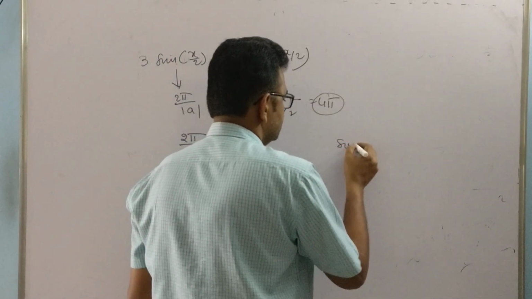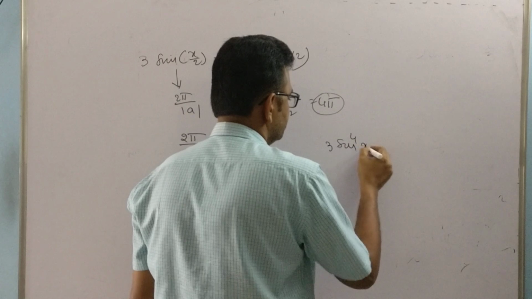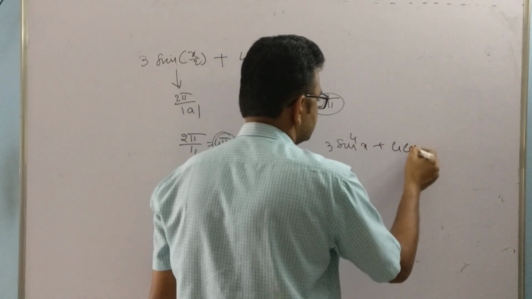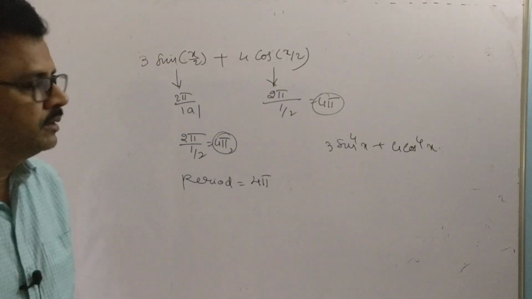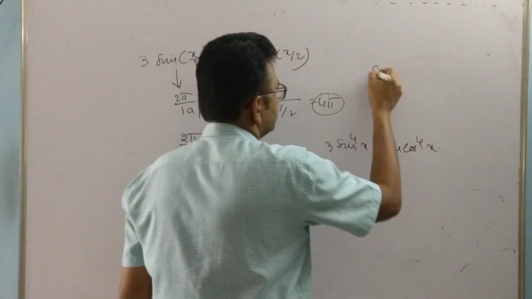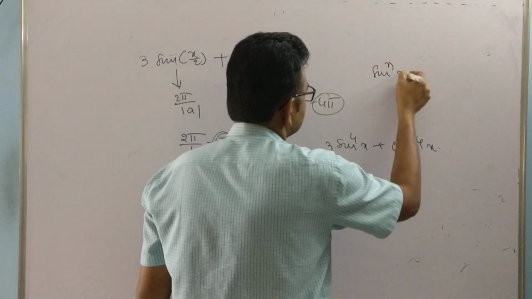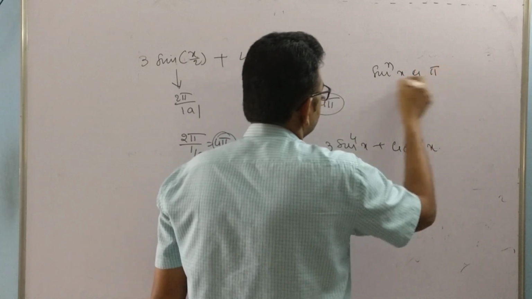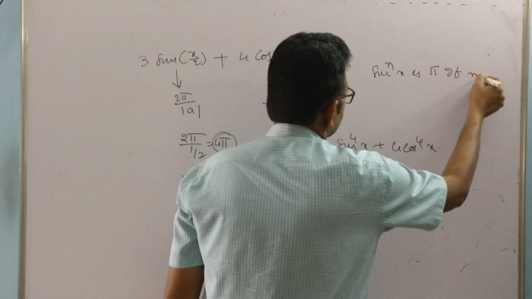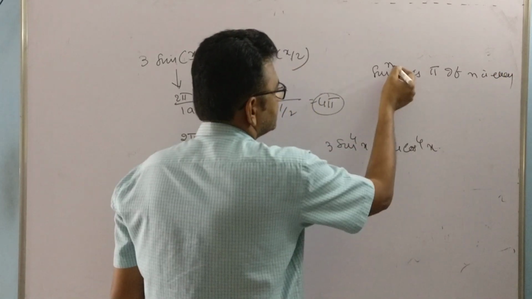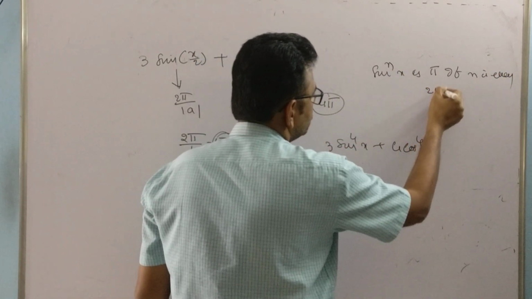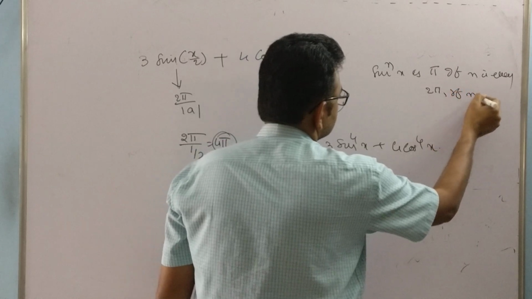Period of 3 sin power 4x plus 4 cos power 4x. See, the period of the function sin power n x is pi if n is even, and the period of sin power n x is 2 pi if n is odd.